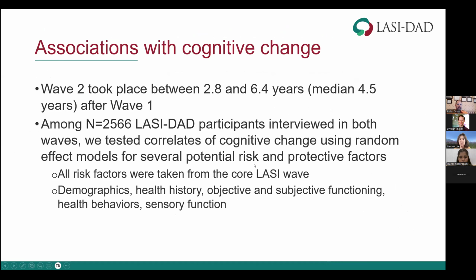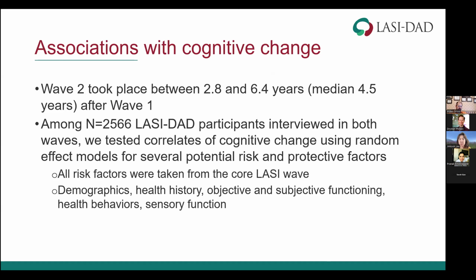So what we did next was we looked at associations with cognitive change. Again, wave 2 took place somewhere between 2.8 and 6.4 years after wave 1. Among the participants who were seen in both waves, we tested correlates of cognitive change using random effects models for several potential risk and protective factors.